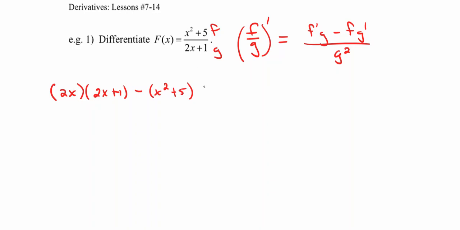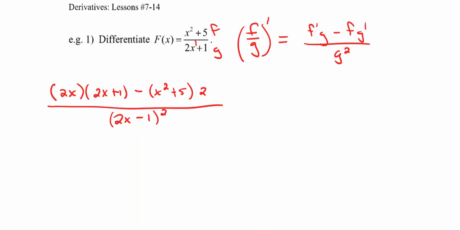And then g prime would be just 2. Again, bringing the 1 down, becoming a 0, so that would just become the number 2. And then all over g squared, so that'd be 2x minus 1, and then squared.